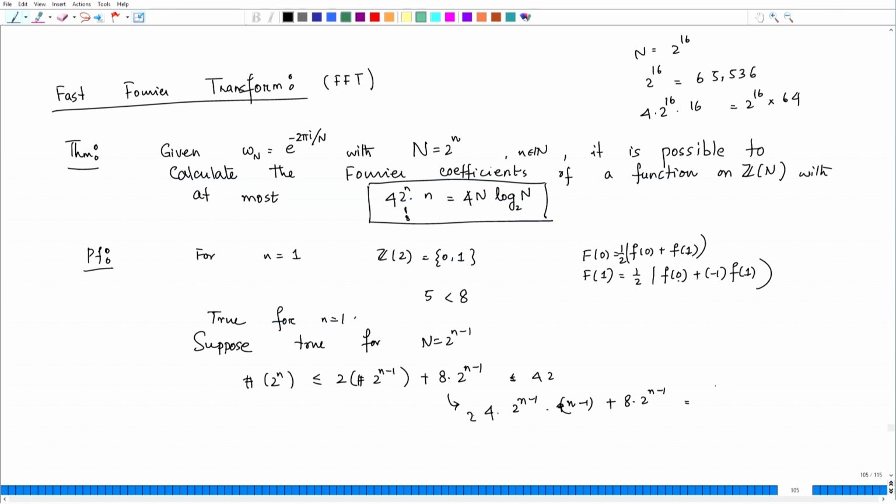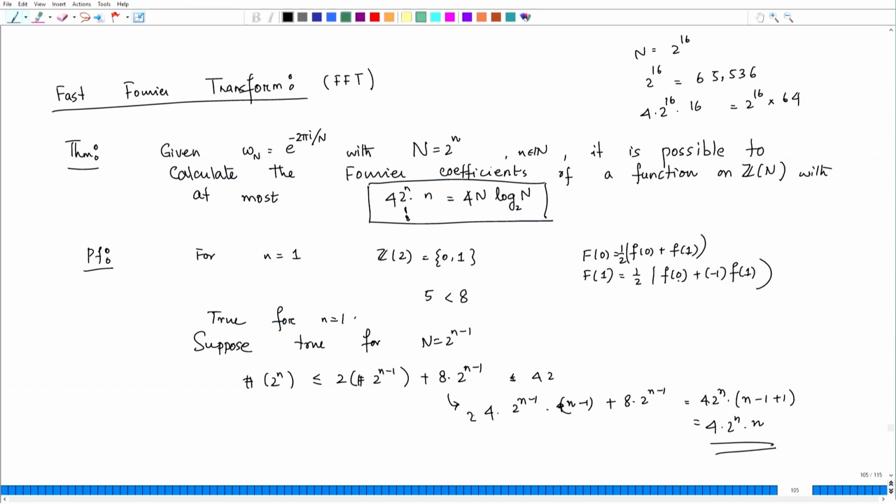If we take this out, this is 4 into 2 to the power n, and n minus 1 plus 1 equals n, giving 4 into 2 to the power n into n. Hence it is true.